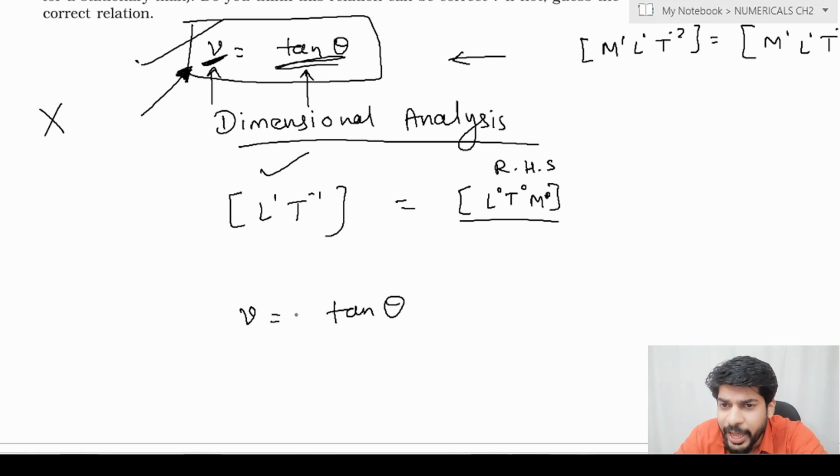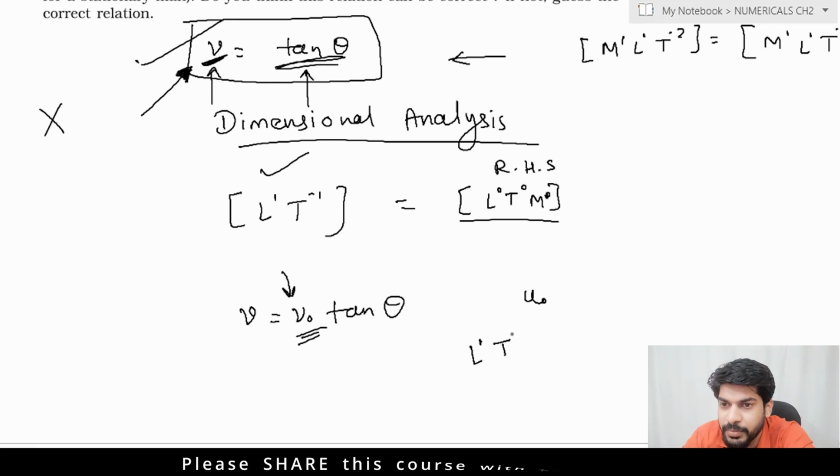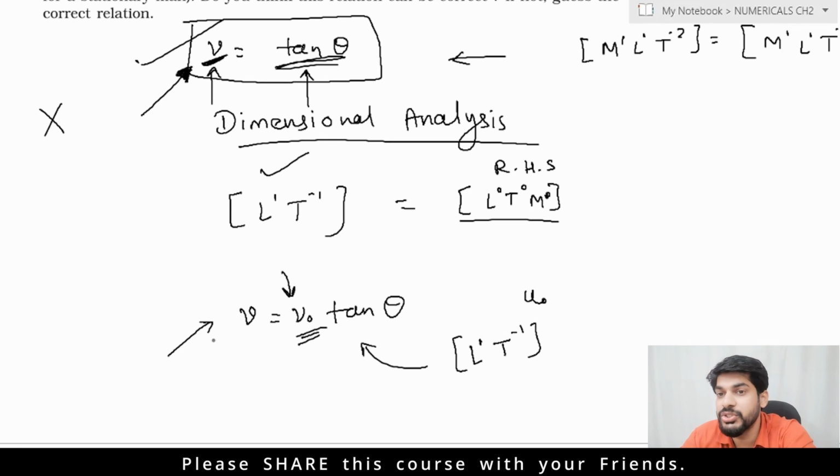Here there should have been some velocity, let's say v naught or u, whatever we have to find out, some kind of velocity of the rain or velocity of the wind, or any other term which would give us dimensions L^1 T^-1 on the RHS.